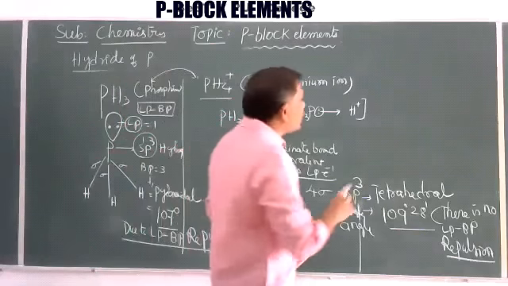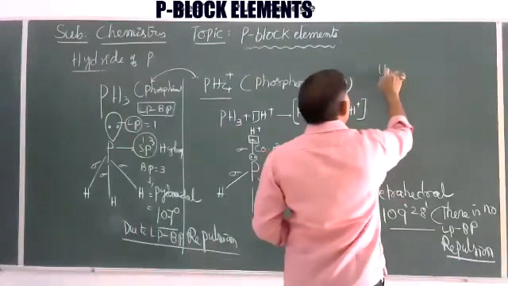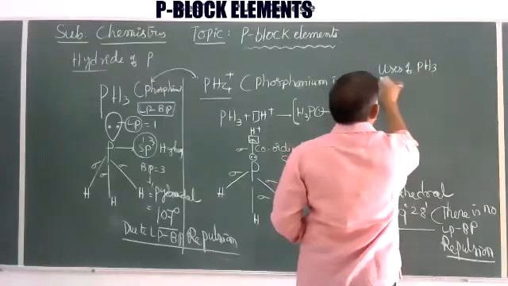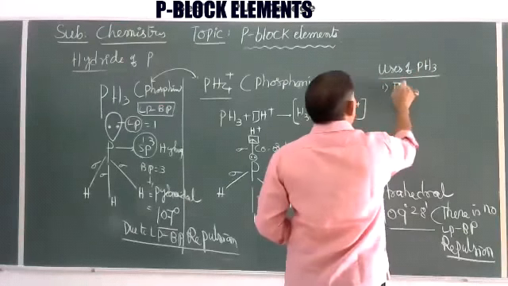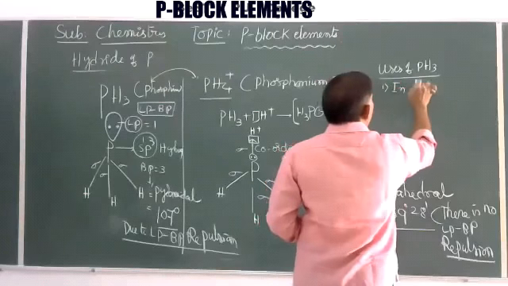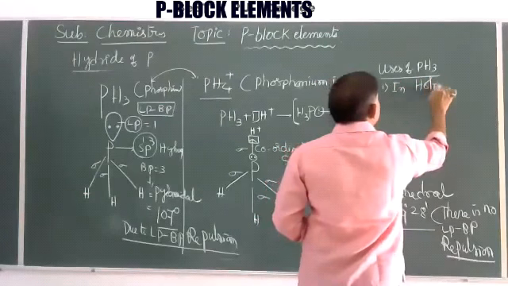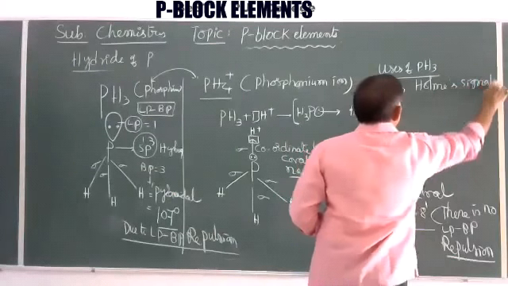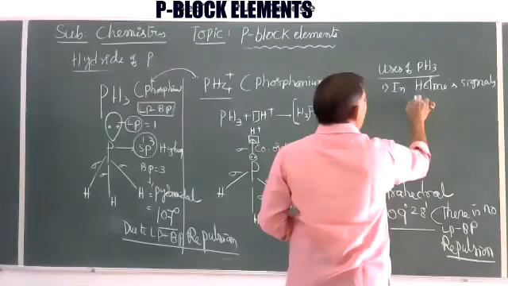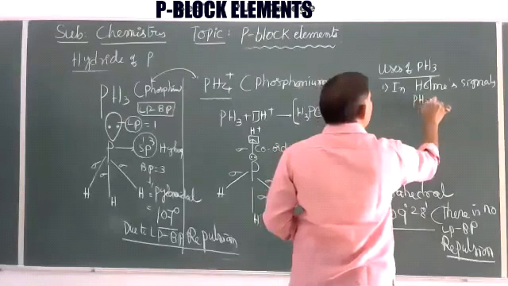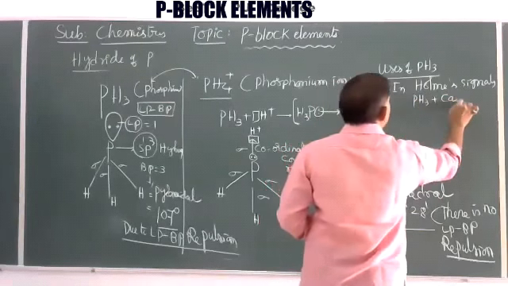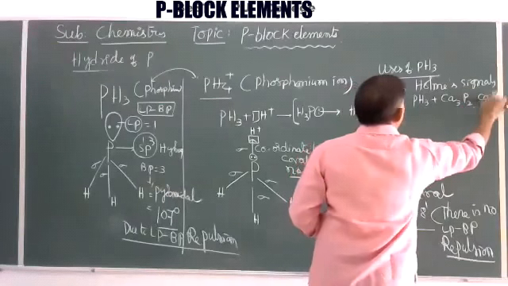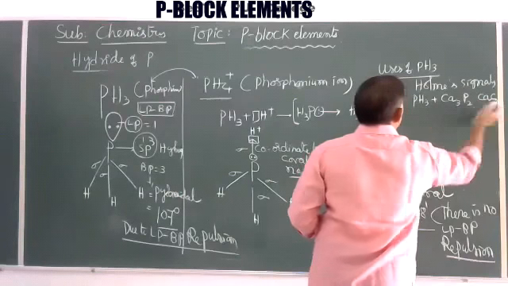Then simple uses of PH3, very, very important. It is used in Holmes signals. In Holmes signals, along with PH3, they use a mixture of calcium phosphide, Ca3P2, or calcium carbide, CaC2.